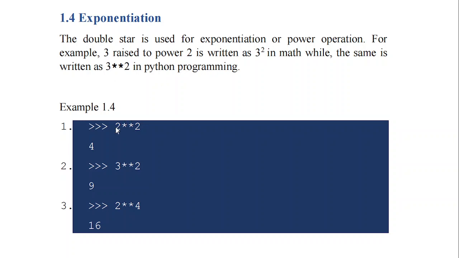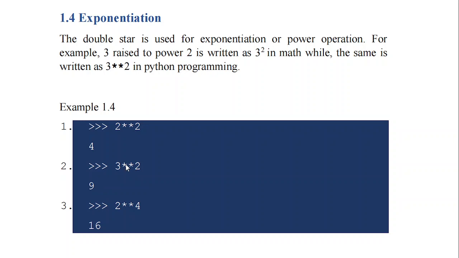So let's look at the examples. Example 1, 2 star star 2. It should be interpreted, understood, and read as 2 raised to the power of 2, and the result is 4. Yes, 3 star star 2 shall be interpreted, read, and understood as 3 raised to the power of 2, and the result is 9.